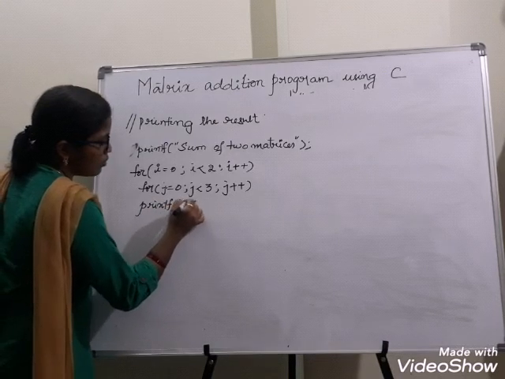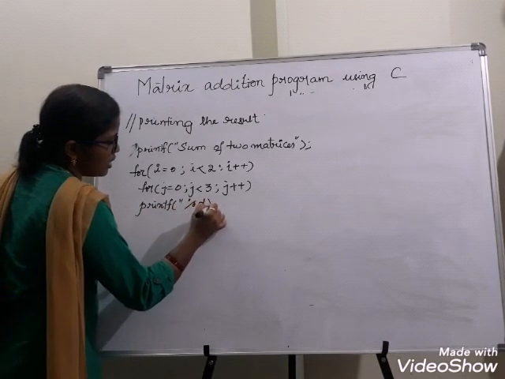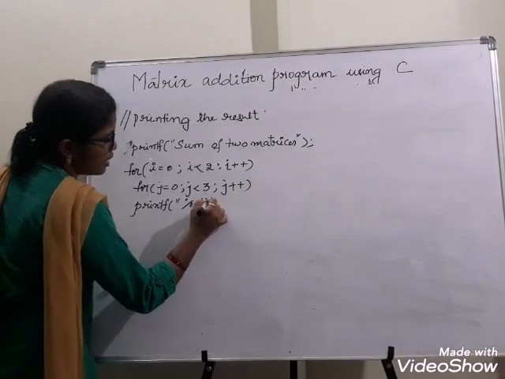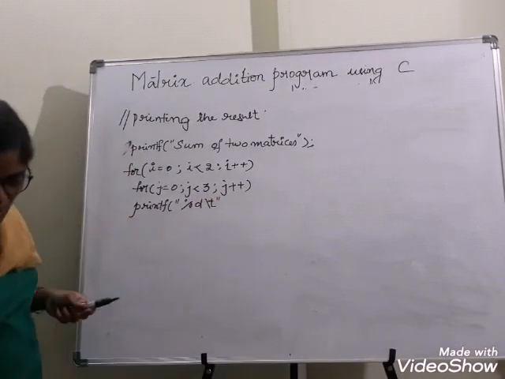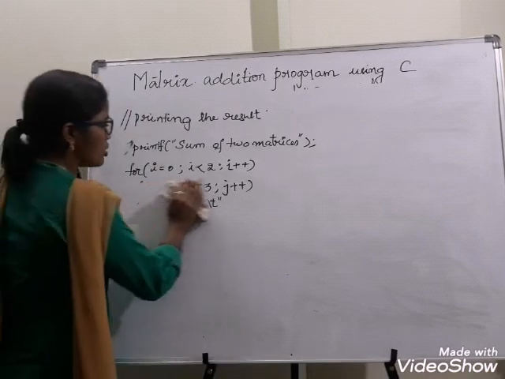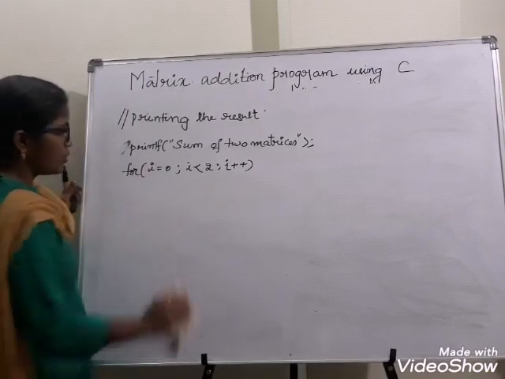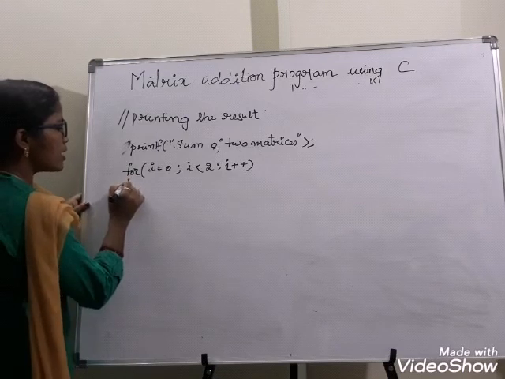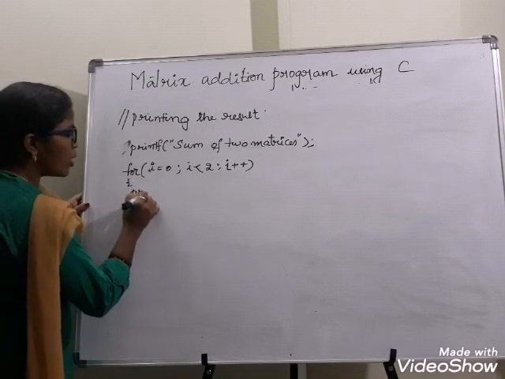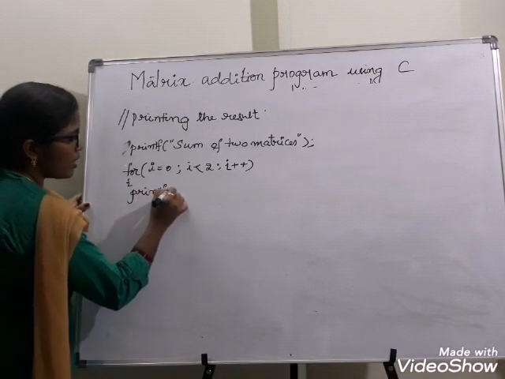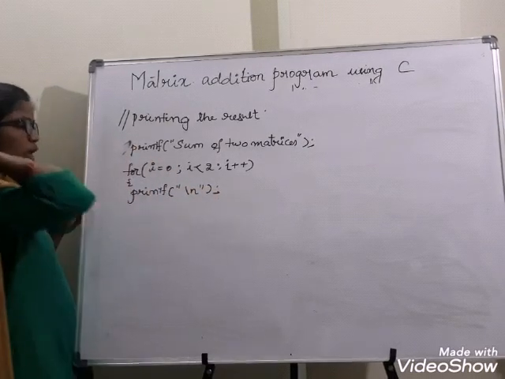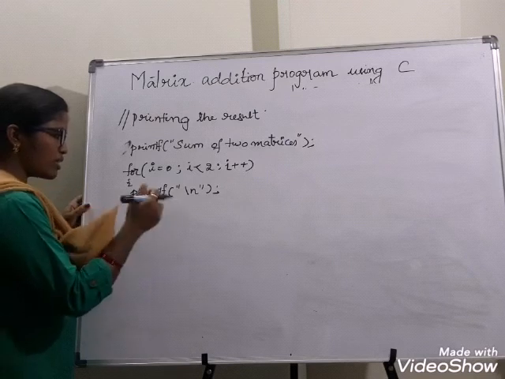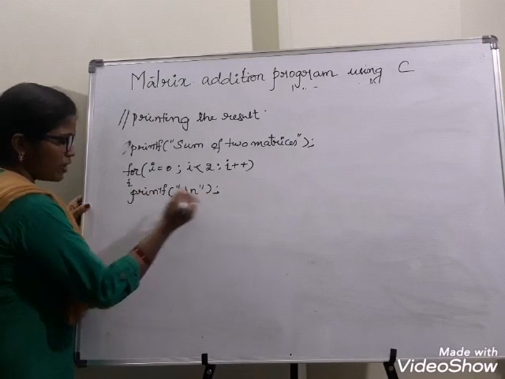Printf, what is my output? Percentile d. Here I just want to give a space. So here I am writing like this. Otherwise, we can write like this also. Here, inside the loop, take a new line, printf, because you want to show everything in a new line. So take a new line, percentile \n for new line.